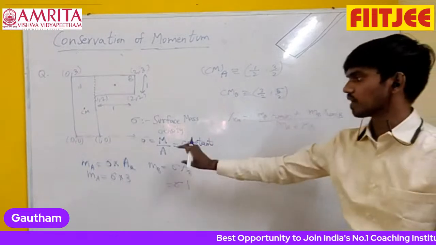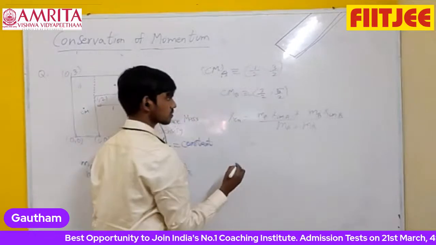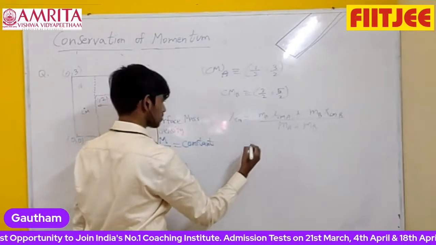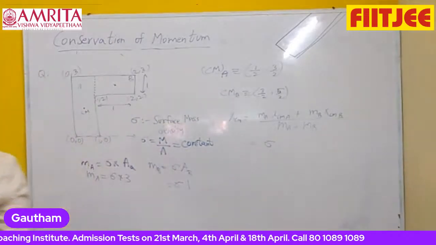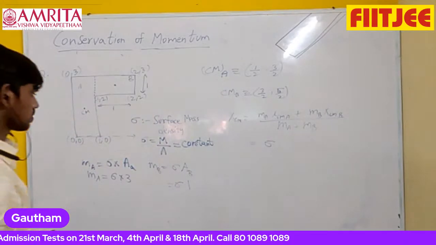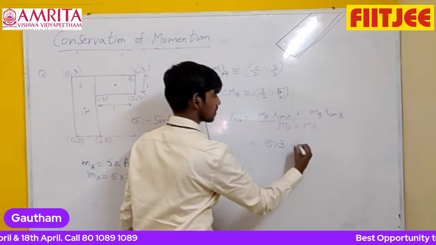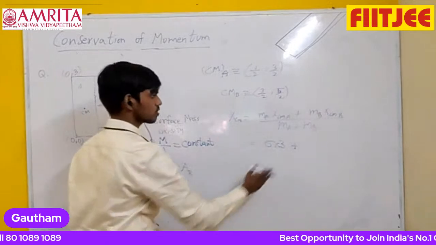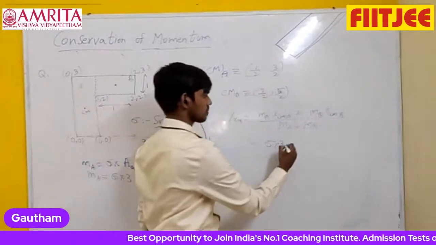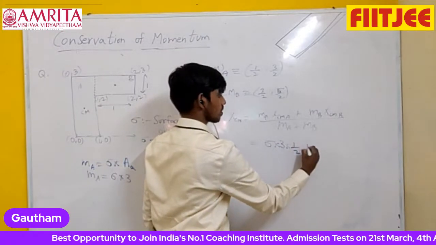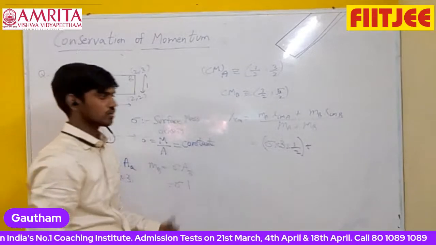So put the values given there. So this will be equal to mass of A is sigma into 3, plus mass of B into x coordinate of A. X coordinate of A is half, plus mass of B is sigma into 1.